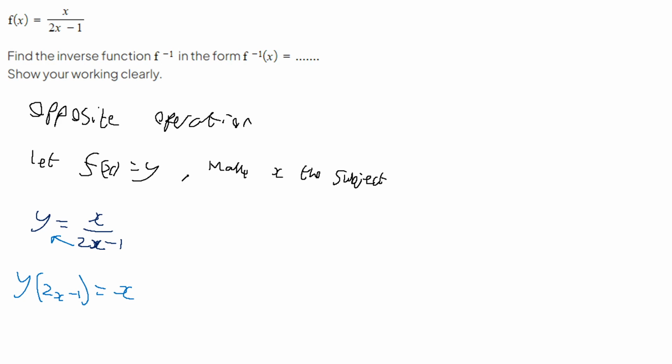Now, to factorize this further, we need to expand. So we get y times 2x, I'm just going to say 2xy minus y is equal to x. And now we need to put all the x's on one side. So here is an x, here is an x. We need to jump this x on one side. So therefore, I'm just putting it up here.